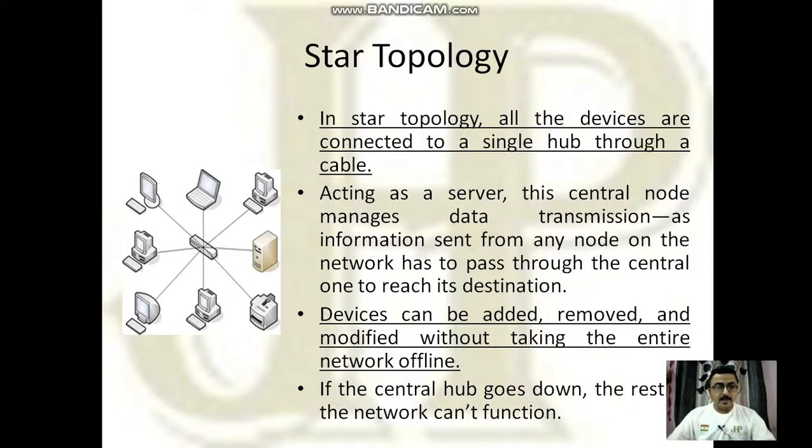It means if one device wants to communicate to another device, they send their data through this hub. And this hub will transfer the data to all other devices present in the network, and a particular destination will respond.